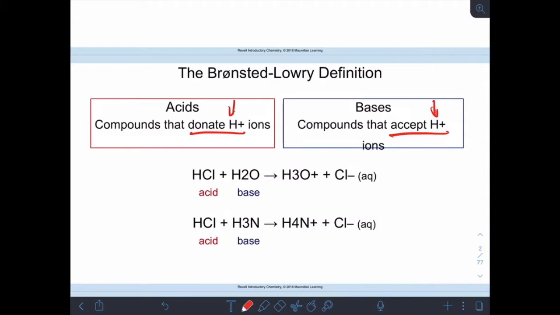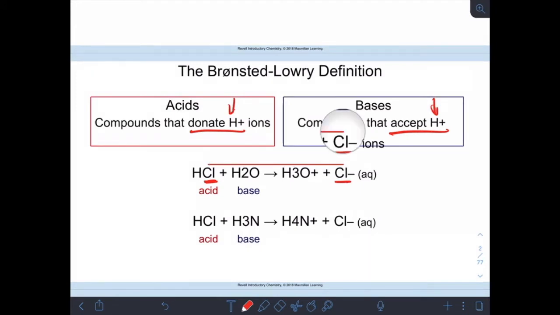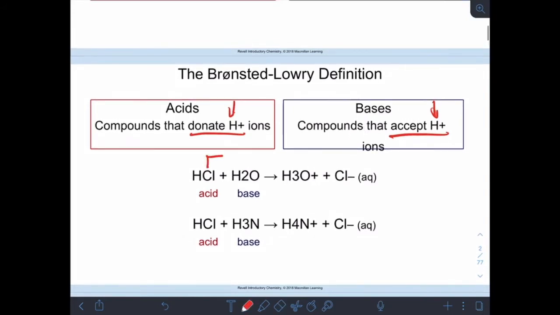So if we find the HCl on the other side, the HCl has lost a proton. If the HCl loses a proton, that means that it's the acid.